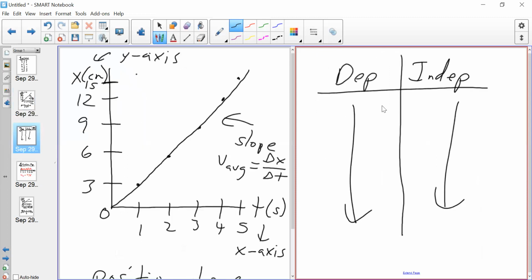Again, old hat, the dependent variable goes in the left-hand column, which is the position in this case, and the independent variable is time. Time will always be the independent variable. So don't confuse it with domain and range so much. It's definitely like that, but we just always need to be aware of what we're depicting.